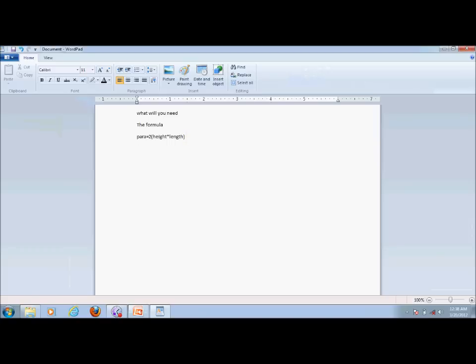So let's make the pseudocode of this, because we know what the requirements are. First step is always start in pseudocode. Second step is the formula.